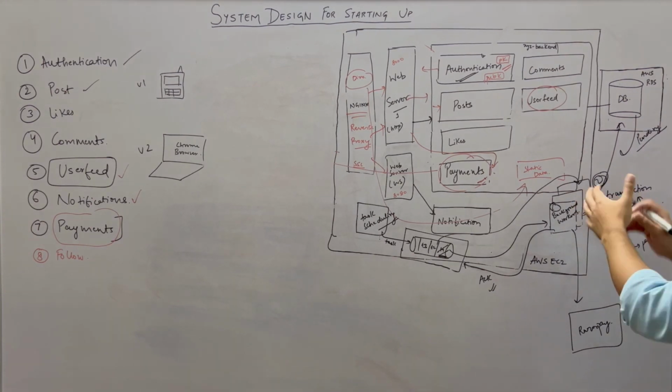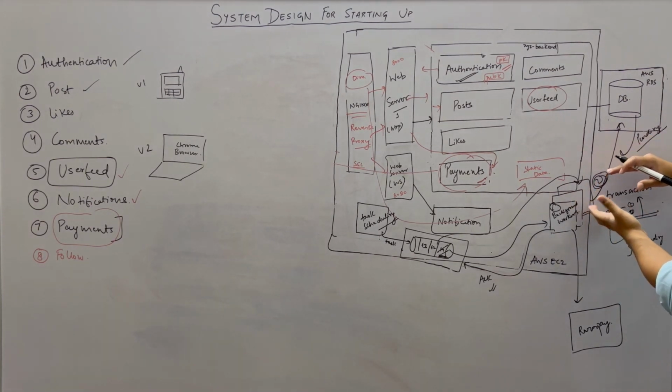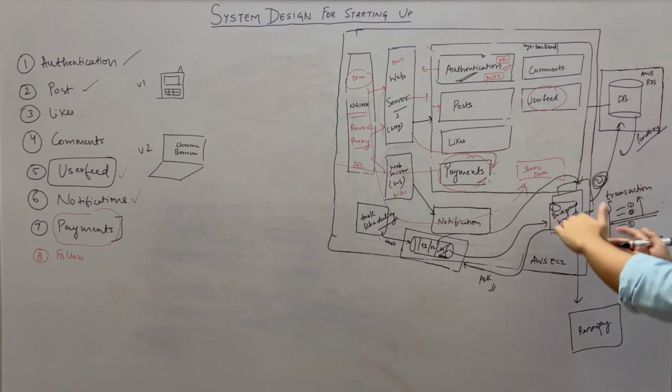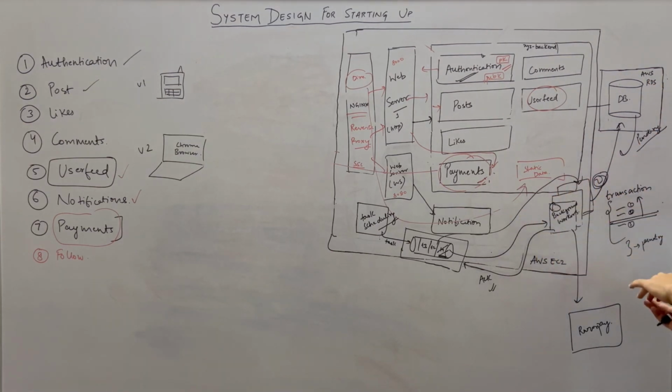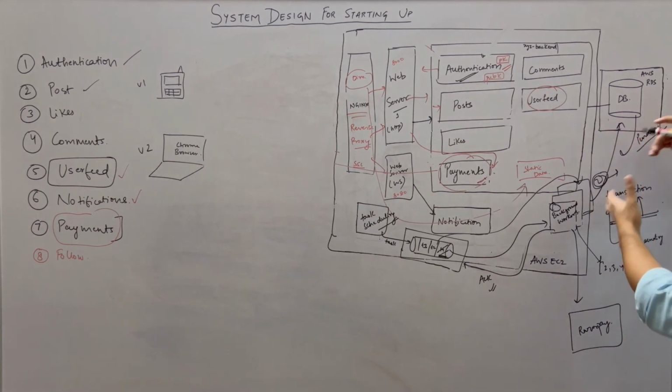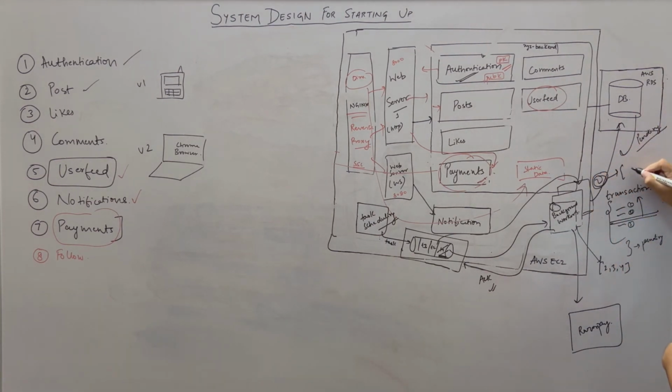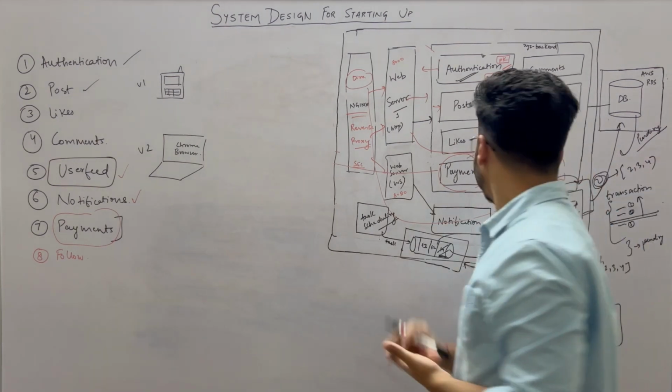It's possible that the second worker has retrieved the same records on which the first background worker is performing operations. Suppose it has retrieved second, third, fourth, and the second worker has also queried the DB and got 2, 3, 4.